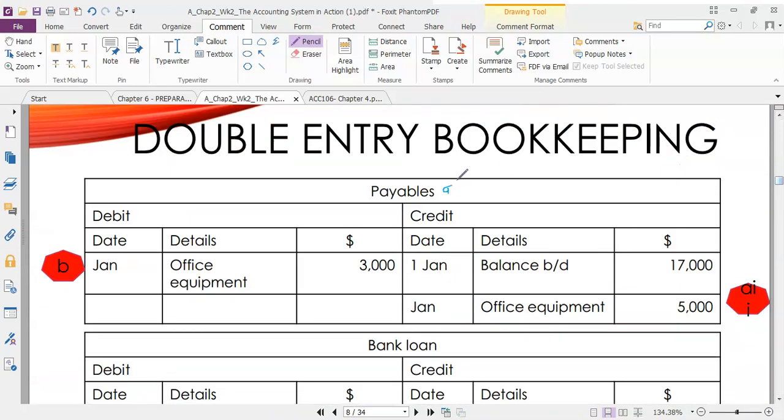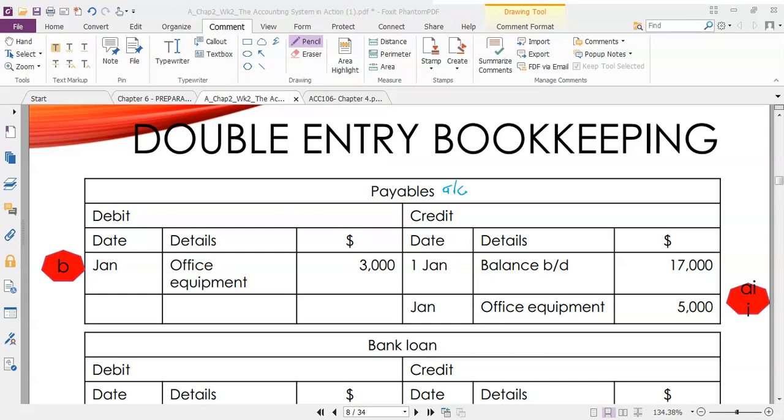After that, payables account. Siapa ingat lagi? Payables account kita adalah elemen apa? What element for payables account? Okay, I want to ask Michelle.